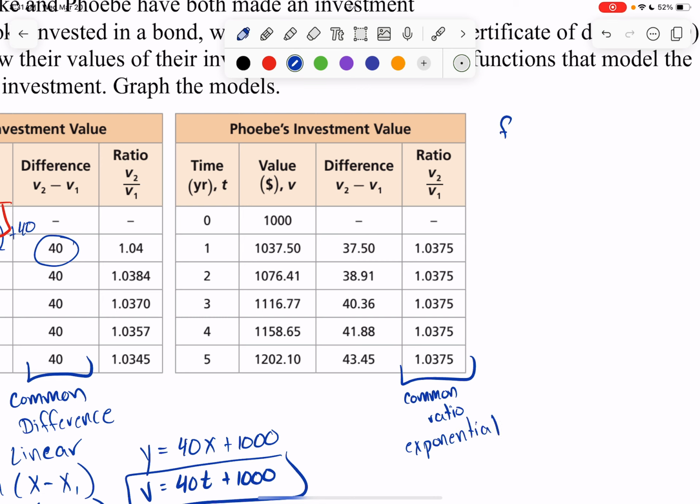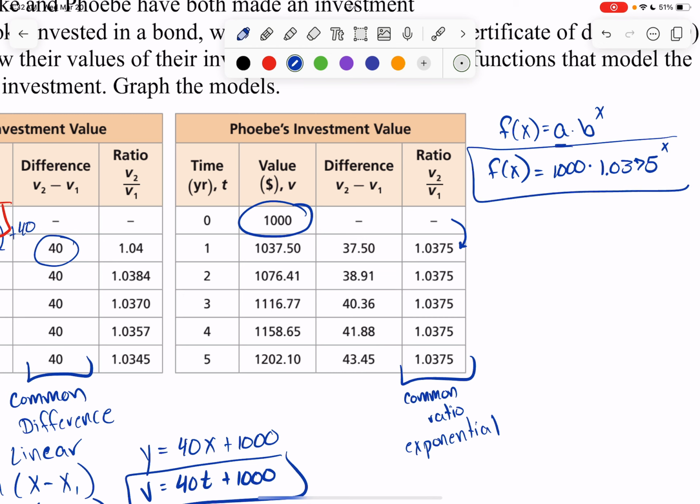So my exponential function in function notation, f of x equals a times b to the x. There's our standard. My a is my starting point, which we know is 1,000. And what do we multiply by each time? Our growth factor is 1.0375. So we're multiplying by 1.0375 to the x. So there's my equation.